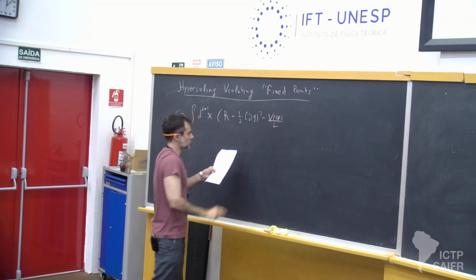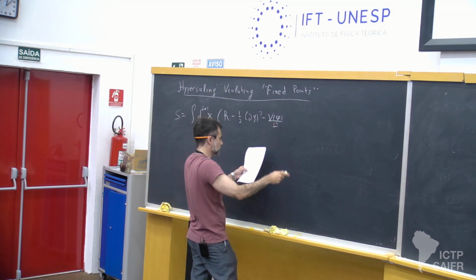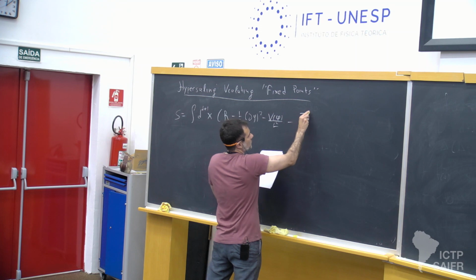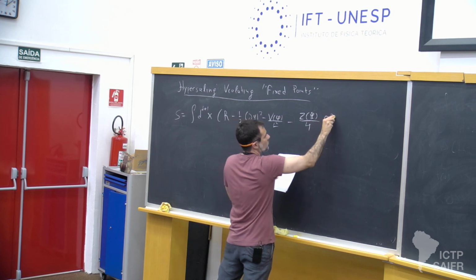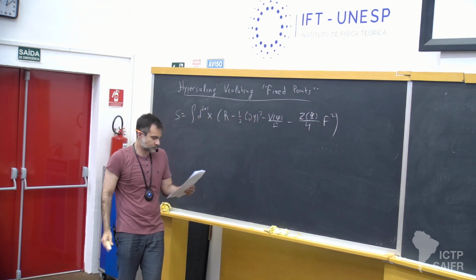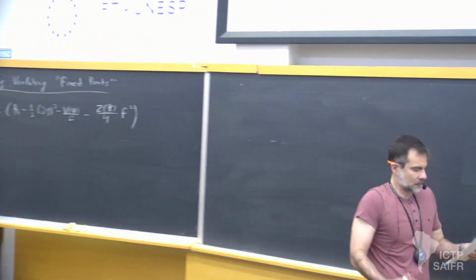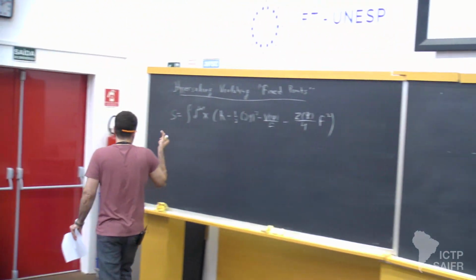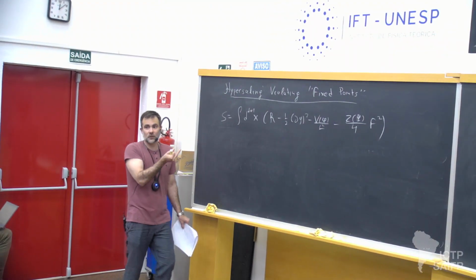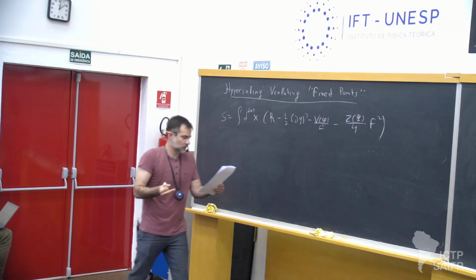I also want to pull out some factor of 1 over L in front of the L squared in front of the potential, and some coupling in front of the gauge field, like this. So now I want to look for general fixed points in theories like this, without any breaking of the gauge symmetry in the bulk. Okay?